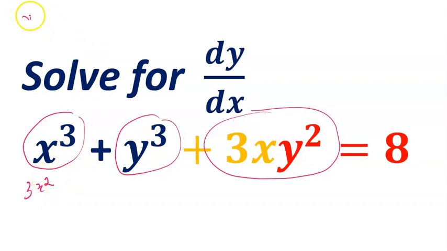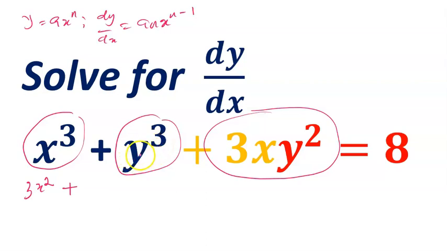Remember our formula: if y is equal to ax raised to power n, then dy/dx will be equal to anx raised to power n minus 1. In differentiating x raised to power 3, my a here is 1, and my n here is 3. So I'll have 3x raised to power 2 plus, now to differentiate y raised to power 3.